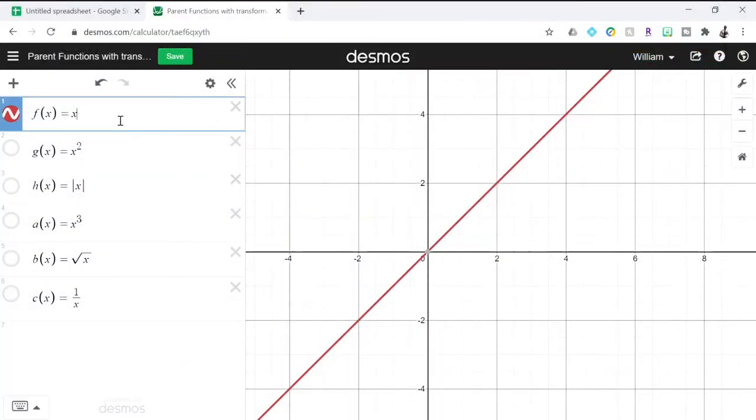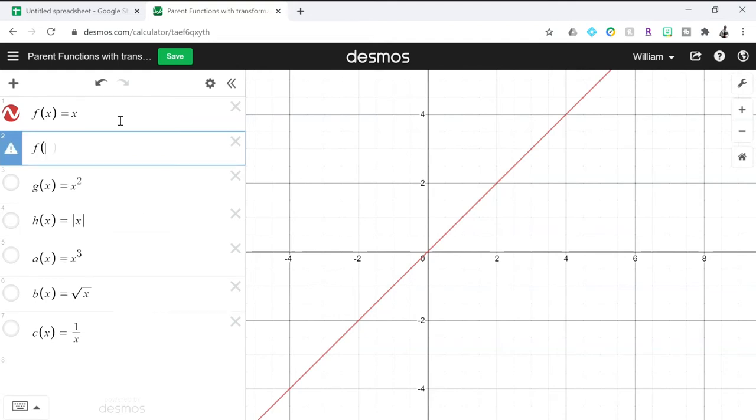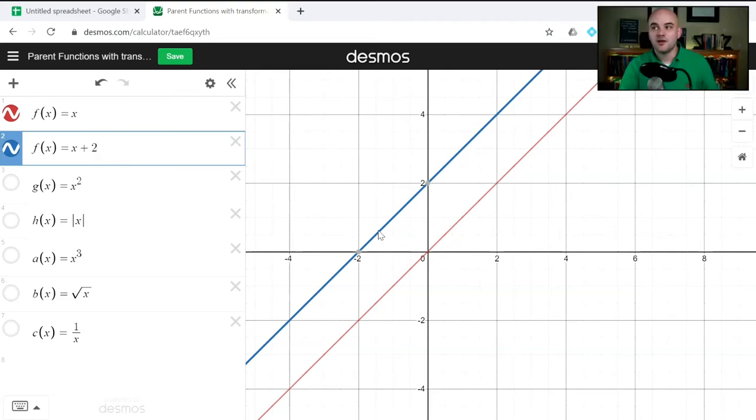We've got y equals x already graphed, and then we're going to put in x plus 2. Let's just call it f of x again. There it is. Notice there's a couple ways we can describe this. It looks like it moved left, and it also looks like we could describe it as moving up.